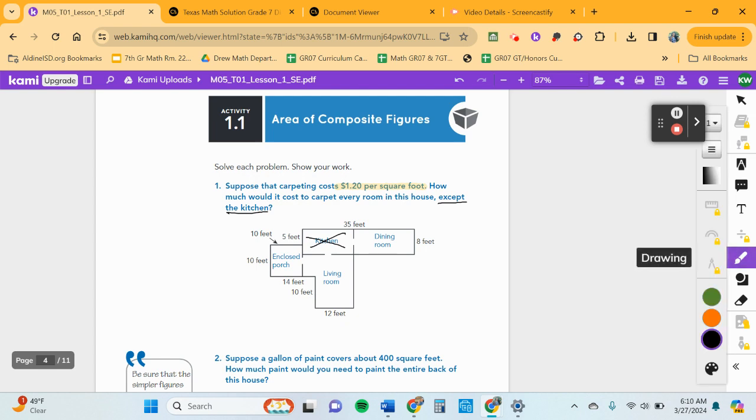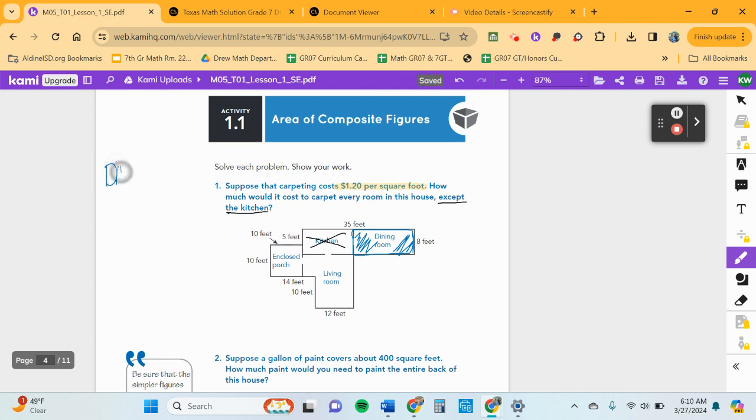So let's first organize our work because that is super important when it comes to geometry. So the first room that we're going to start with, let's just say the dining room. I'm going to shade it in blue. I know the dining room is a rectangle, so the area is going to be base times height.